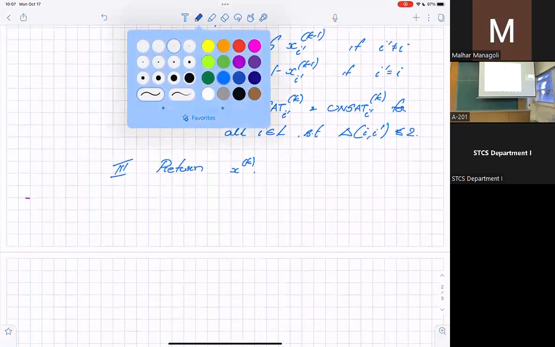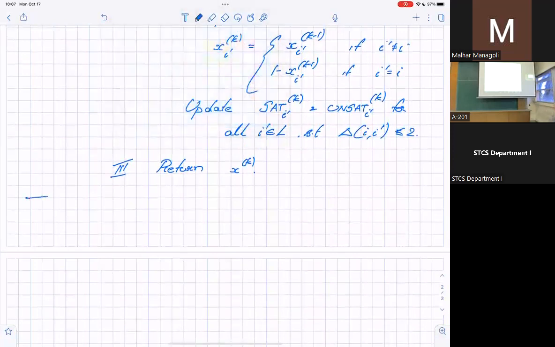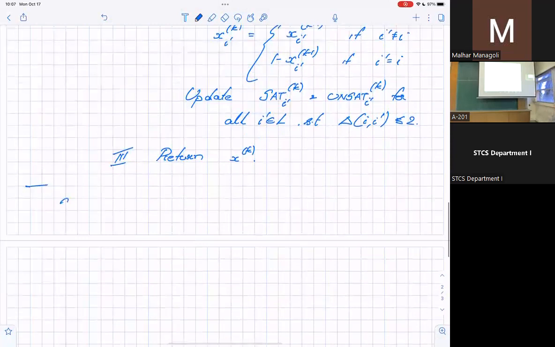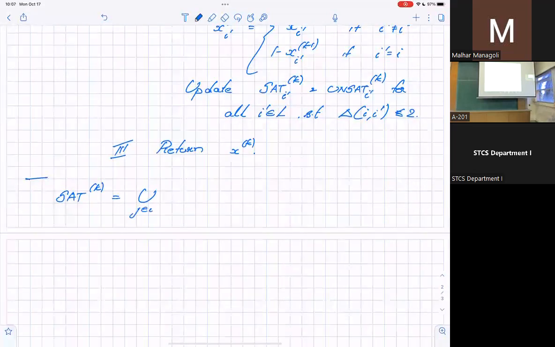Claims which should go through for correctness, and I'm going to define a few quantities. One, we'll define sat at k. This is the number of satisfied vertices at k. It's just going to be the union over all j in I. This is just for the analysis. I don't need this.